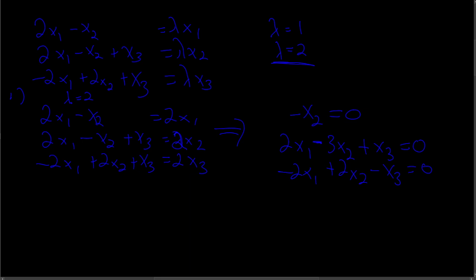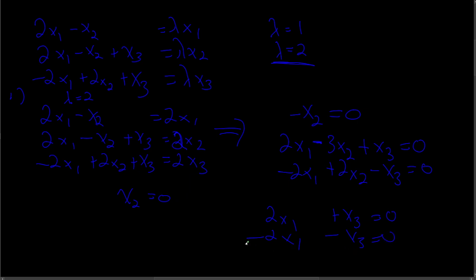And so immediately we can see some of our variables here. As we know, x2 will always have to be 0. And if we look at these equations, then they become 2x1 plus x3 equals 0, and negative 2x1 minus x3 equals 0.